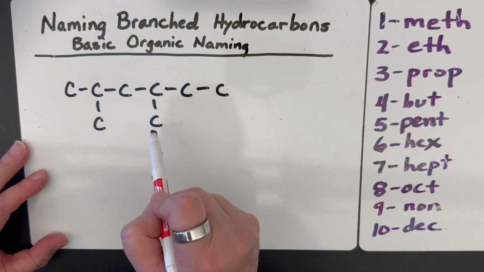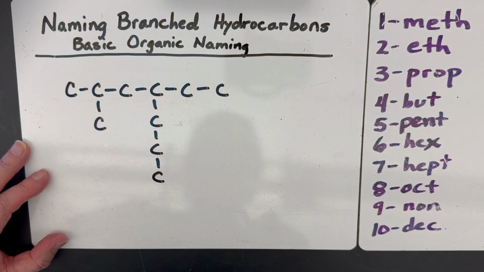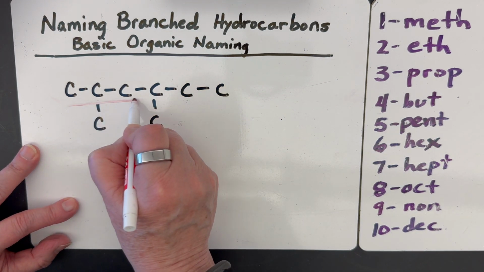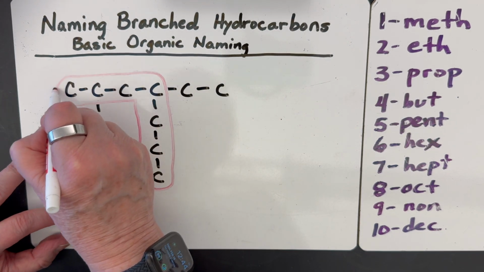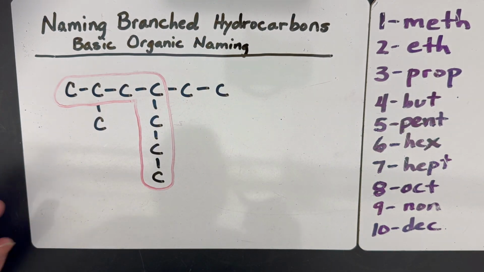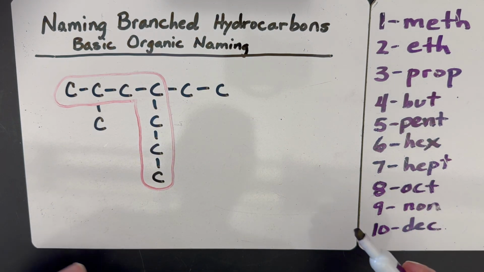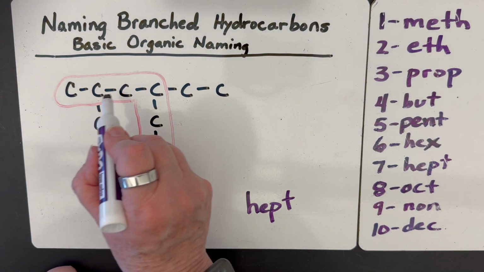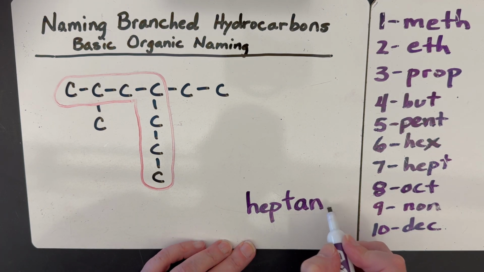Our longest chain we found was 7. And to get 7, we had to go like this. So this is our parent chain. And 7 carbons is hept, H-E-P-T. Since they're all single bonds between the carbons, it's heptane.